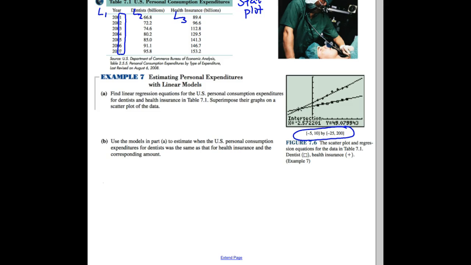So we're going to go from like -25 to 200. Okay? So set your window and then graph it. And you should see 2 different scatter plots, one with little squares, one with little pluses.